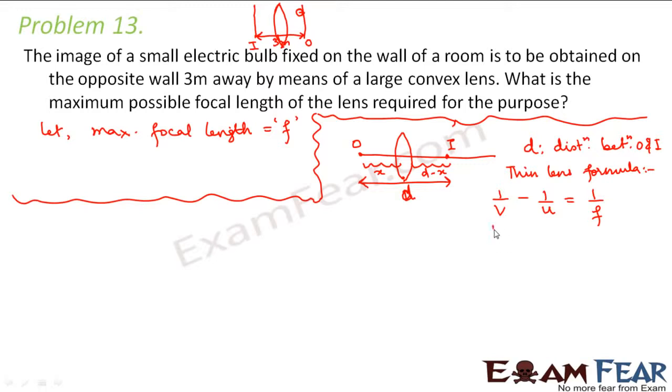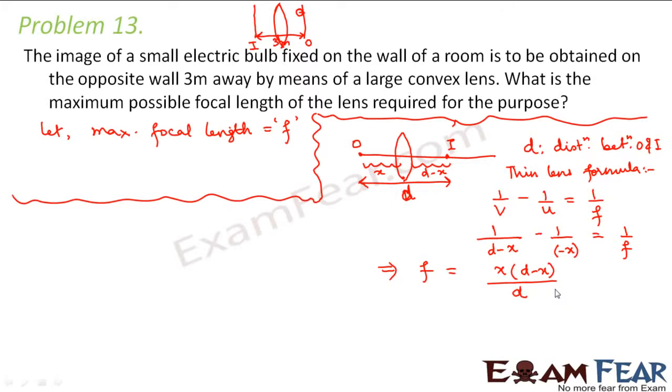So this becomes 1 by (D minus x) minus 1 by (minus x) is equal to 1 by f. Or we can say that f is equal to x into (D minus x) divided by D. So this will be the value of the focal length.